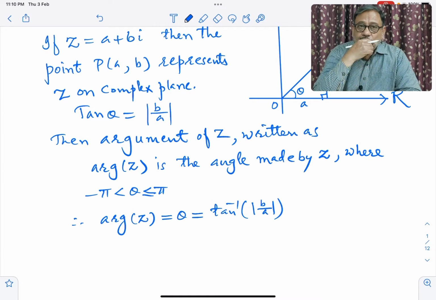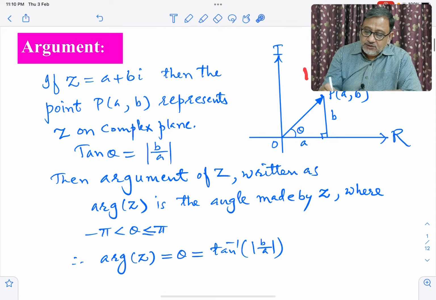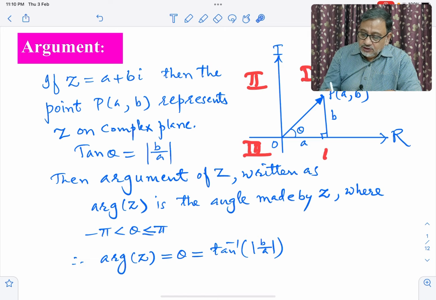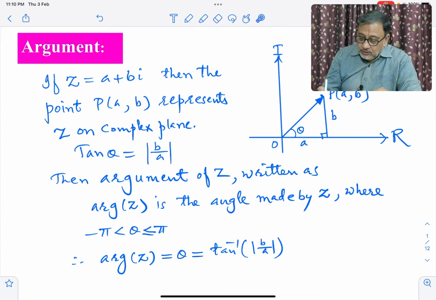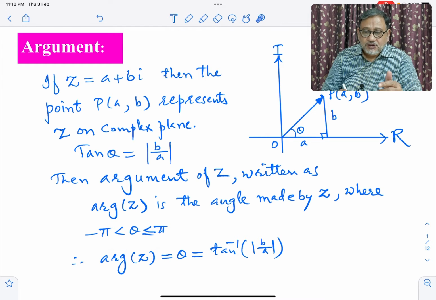Because sometimes your complex number may be in the first quadrant, second quadrant, third quadrant, or fourth quadrant. According to the quadrant, your value of theta will be positive or negative. We have just discussed that theta has the domain from minus pi to pi.